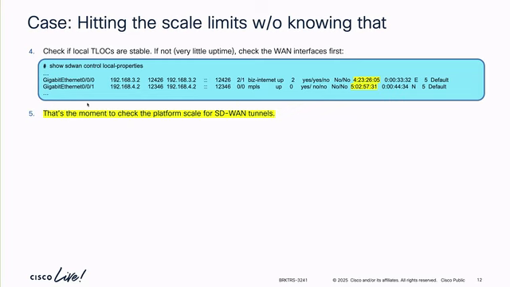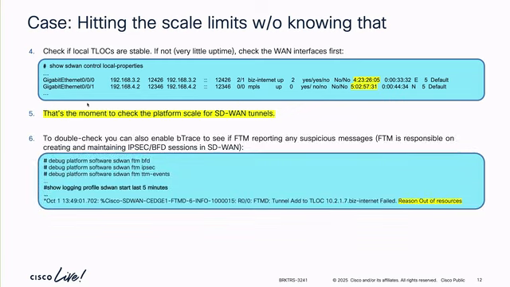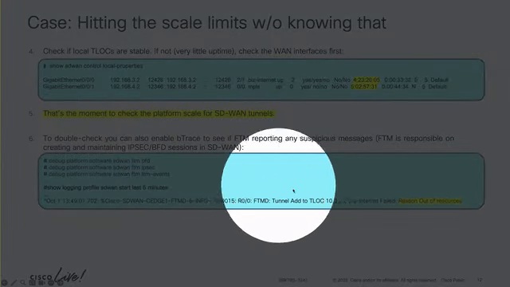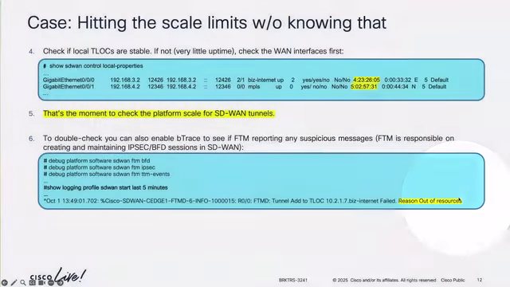But you can also run some sophisticated btrace commands, which are essentially an extensive debug for the process responsible for establishing BFD sessions. That process is called FTM, Forwarding Table Manager. So you can run a so-called btrace for the FTM process. And if you hit that issue, you will see a specific message telling you that it has run out of resources. That's another option to confirm if you're hitting the issue.